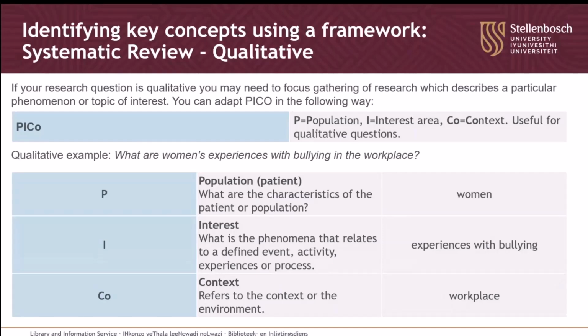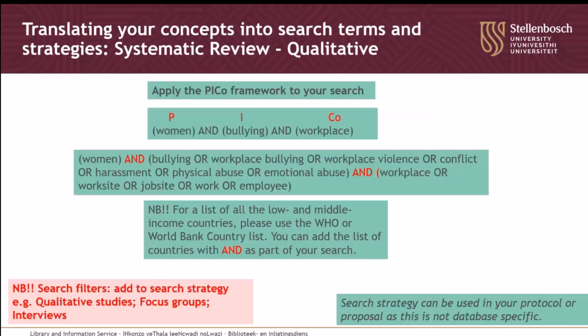You're looking at the experience of bullying in the workplace. And then your context. The same as with the scoping review, the context is normally a setting. Where does this take place? What kind of setting are you looking at? In this case it is the workplace. So this is for a qualitative study: women as the population, bullying as the interest, and the workplace as the context.